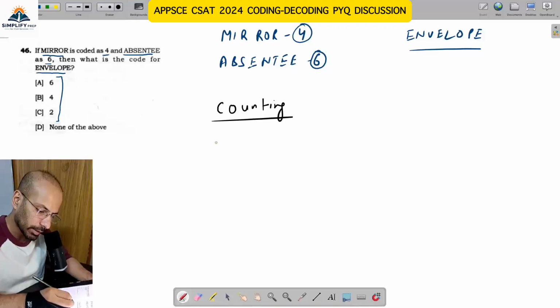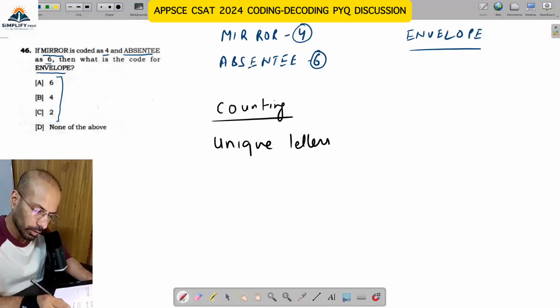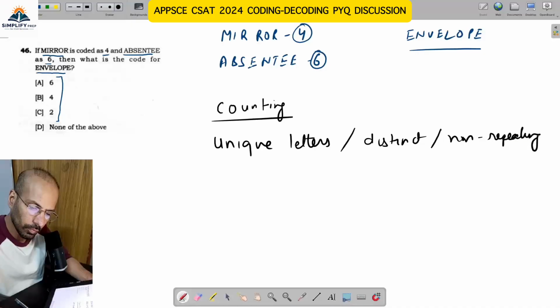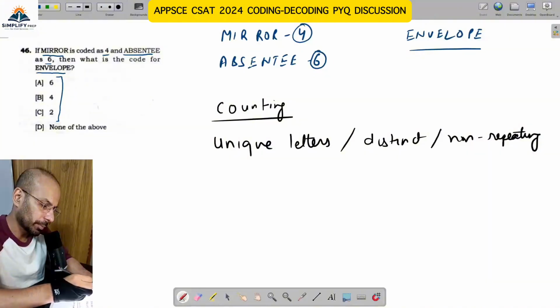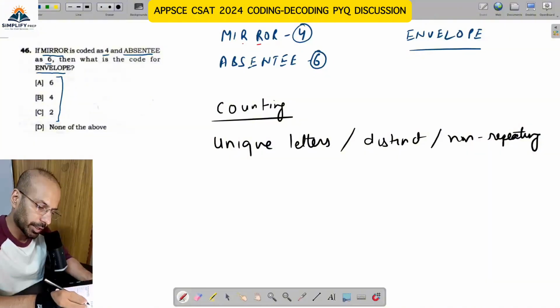That is, if we see unique letters. Unique letters means which are distinct, which are non-repeating. Means if I see mirror here, in mirror, R is repeating, so it will not be seen as 2 R's, or 3 R's, because there are 3 R's.